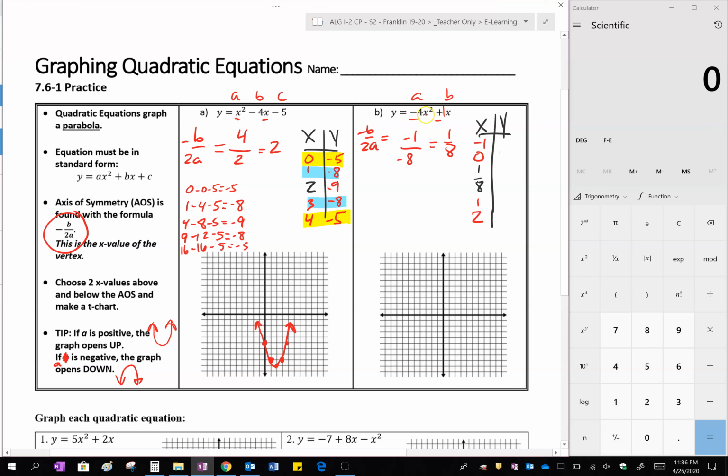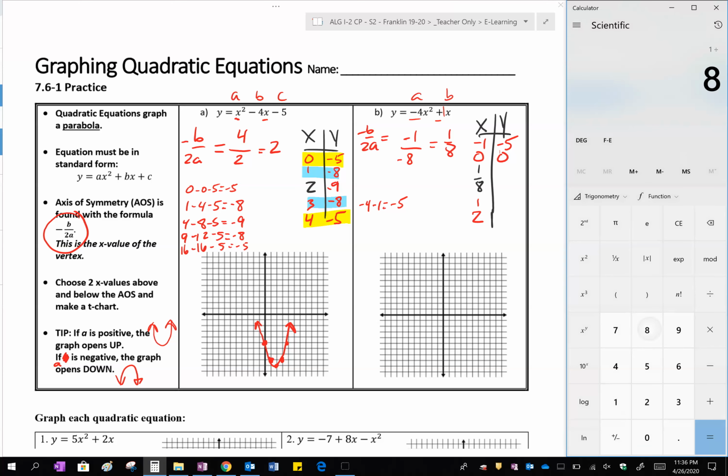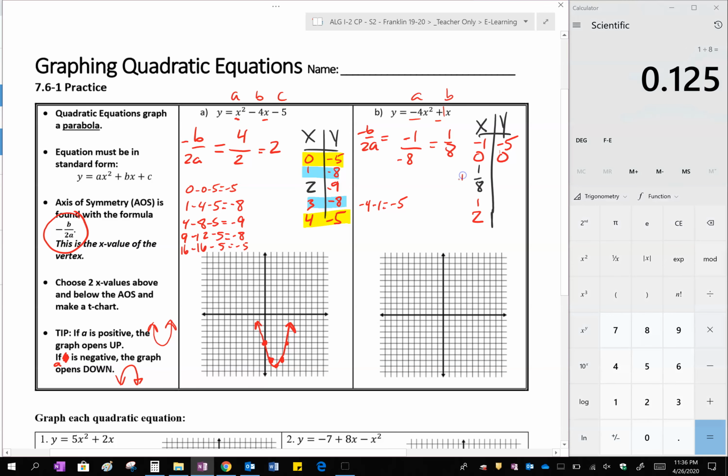So negative 1 squared is 1 times negative 4 is negative 4. And then just negative 1 there, so minus 1 equals negative 5. 0 just cancels both out, so 0 is going to give us 0. 1/8 is the tricky one here, and you can either use the fraction or honestly, if you go ahead and use a decimal here, 0.125 might make your life easier.